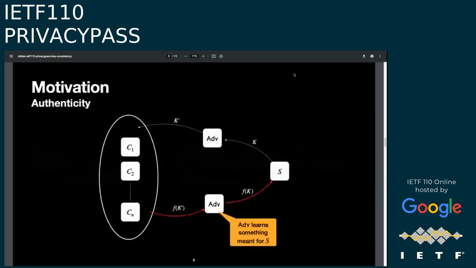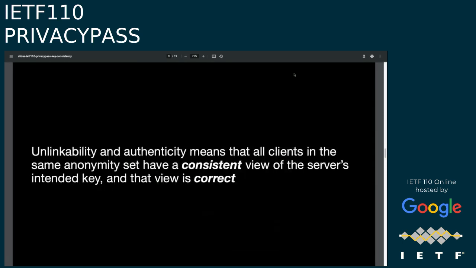So ideally, when a client discovers a key, it's authentic, meaning that it's correct. It corresponds to the right server that the client intended, and its use of the key is unlinkable from other people who happen to have the same key.